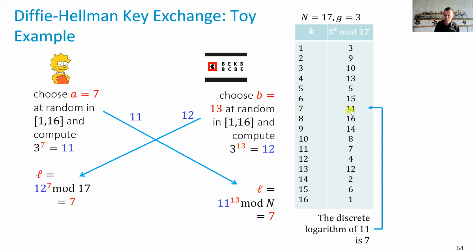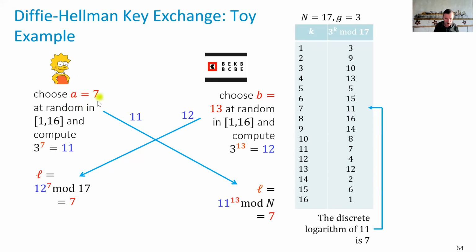And because we believe that going from 11 to 7 is a very hard problem, because there's an astronomical number of possibilities, and the only way to go backwards is to do the brute force attack, then we believe any attacker that sees the 11 does not have enough computing resources, unless they are God or something even more complicated.